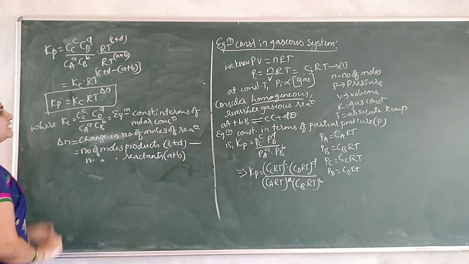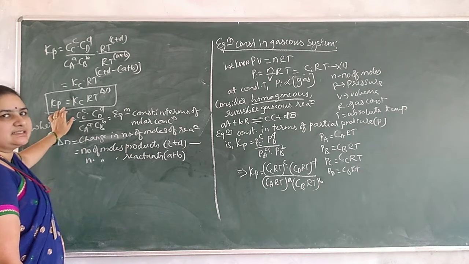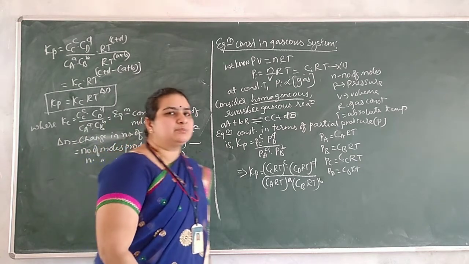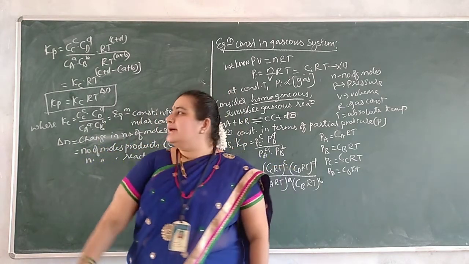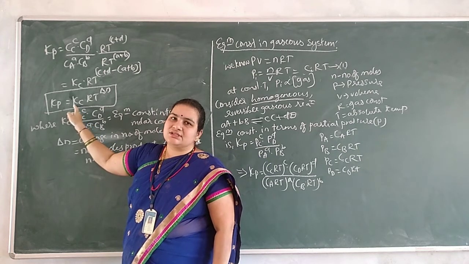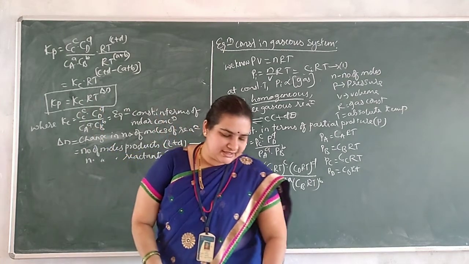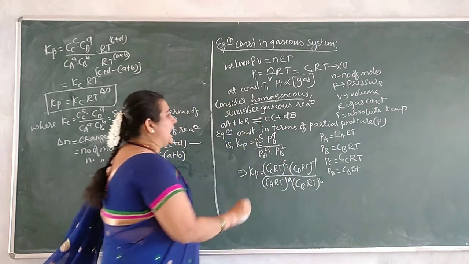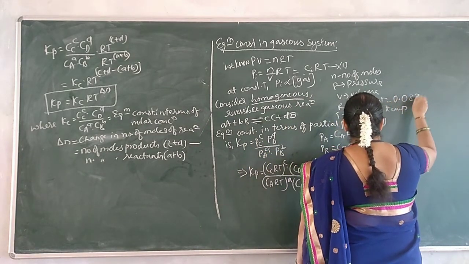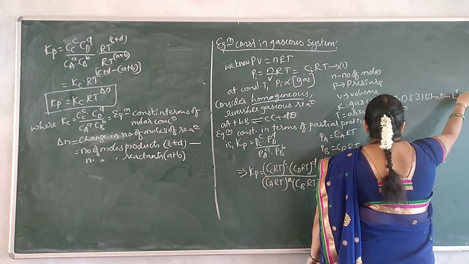So here this is the relation in the gaseous phase: Kp, the equilibrium constant in terms of partial pressure, is related to the equilibrium constant in terms of molar concentration, and it has an extra term RT raised to delta N. Here R is a gas constant having value 0.0831 liter atmosphere per Kelvin per mole.